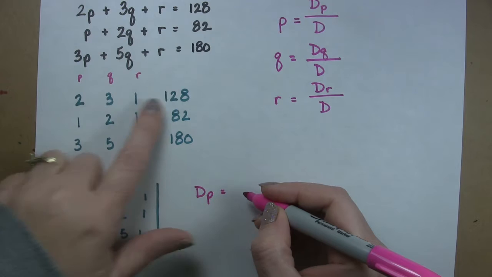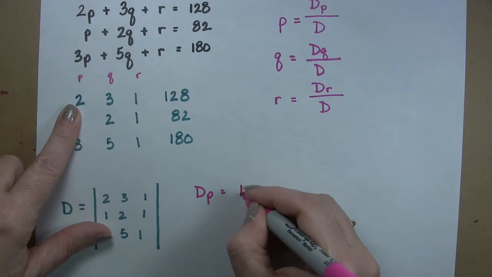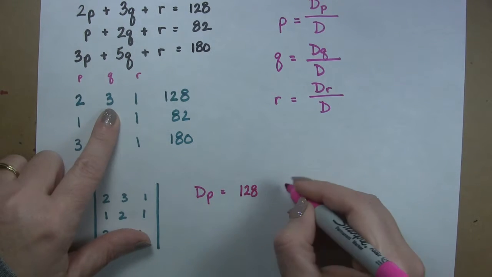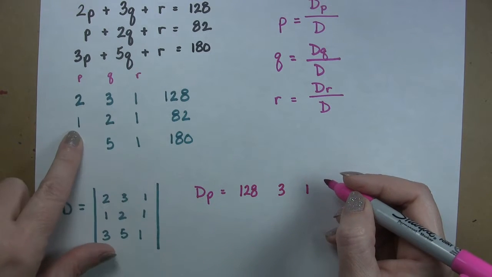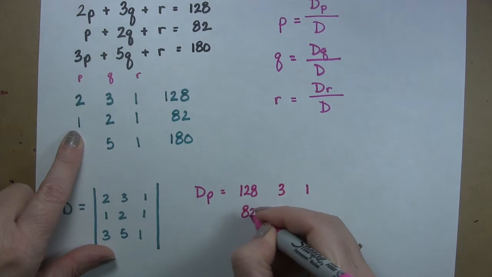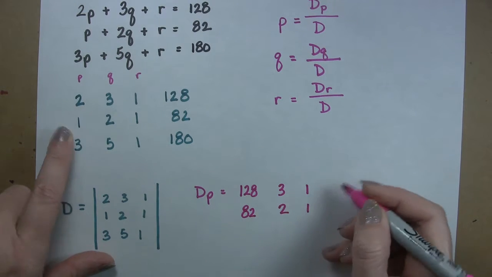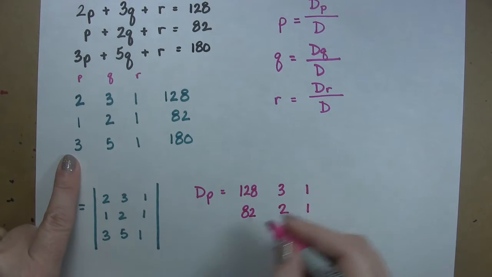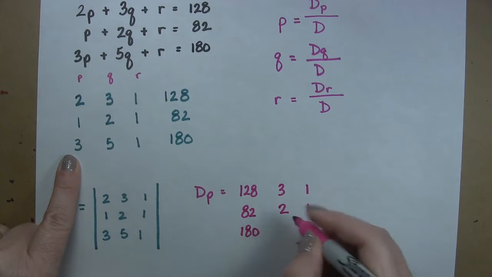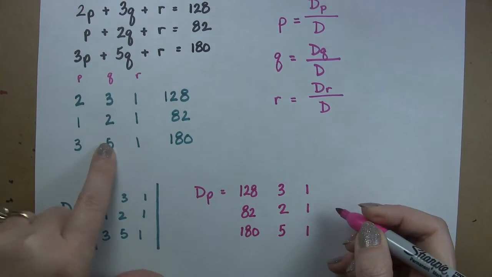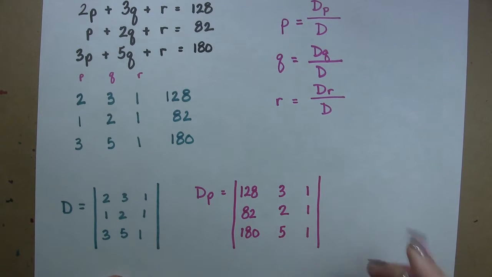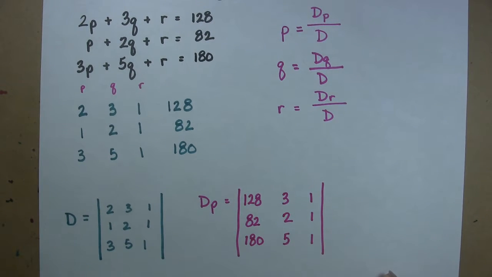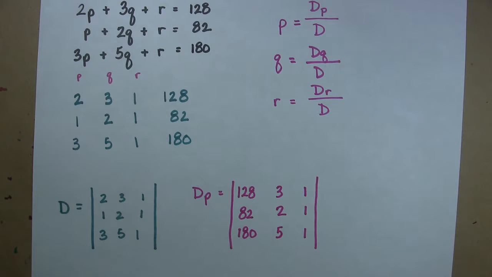So instead of 2, we would write 128, and then we would keep these the same, 3 and 1. Here, we would put the 82 in, and then we do 2 and 1. And here we would put the 180 in instead of the 3, and then 5 and 1. So these numbers all stay the same. And again, we put these big, huge lines around it. And that's it.